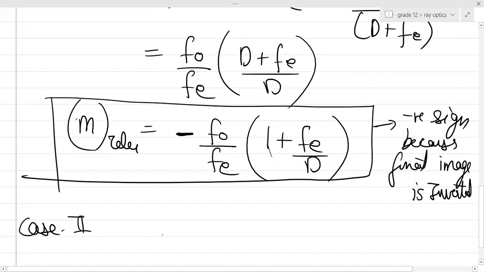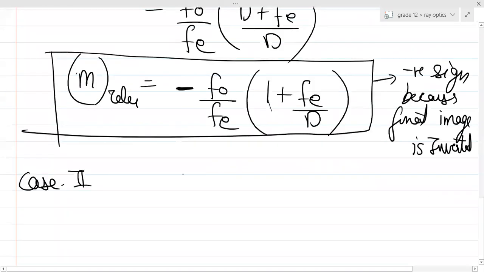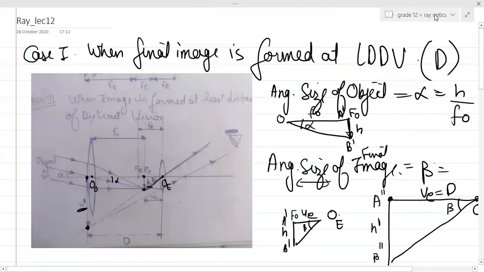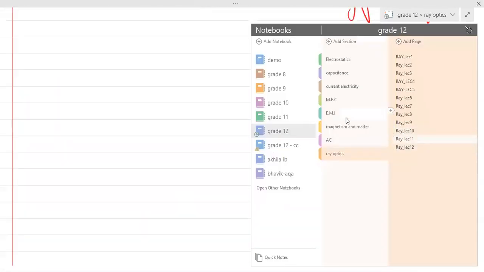Case 2 में क्या होगा? Case 2 में basically the object distance from the eyepiece will be equal to the focal length. If you remember from this diagram, और ऊपर करूँ क्या? एक सेकंड.